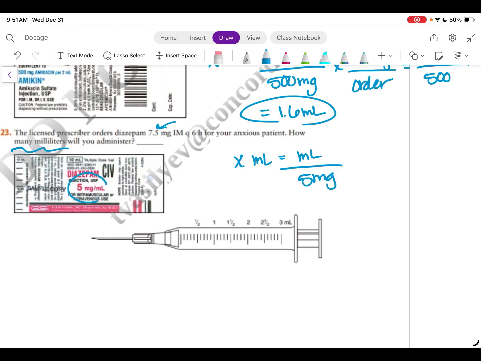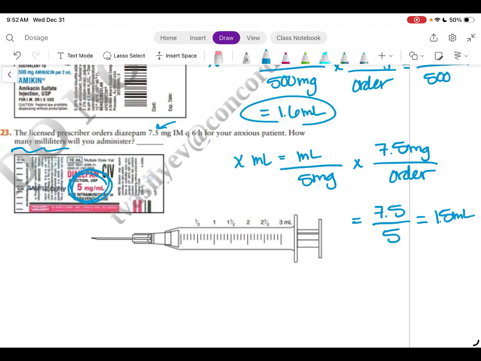Right, this is just coming from my label right here. So 7.5 divided by 5. And I get 1.5 as my answer. Okay.